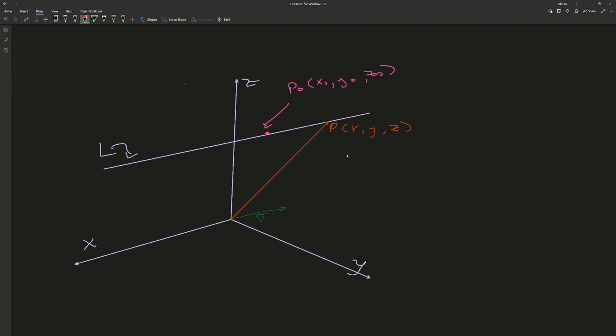So let this point P, X, Y, Z, be an arbitrary point on L. Now we're missing two pieces of information. So we're going to let R0 and R be position vectors of P0 and P, right? So we have to draw that as well.